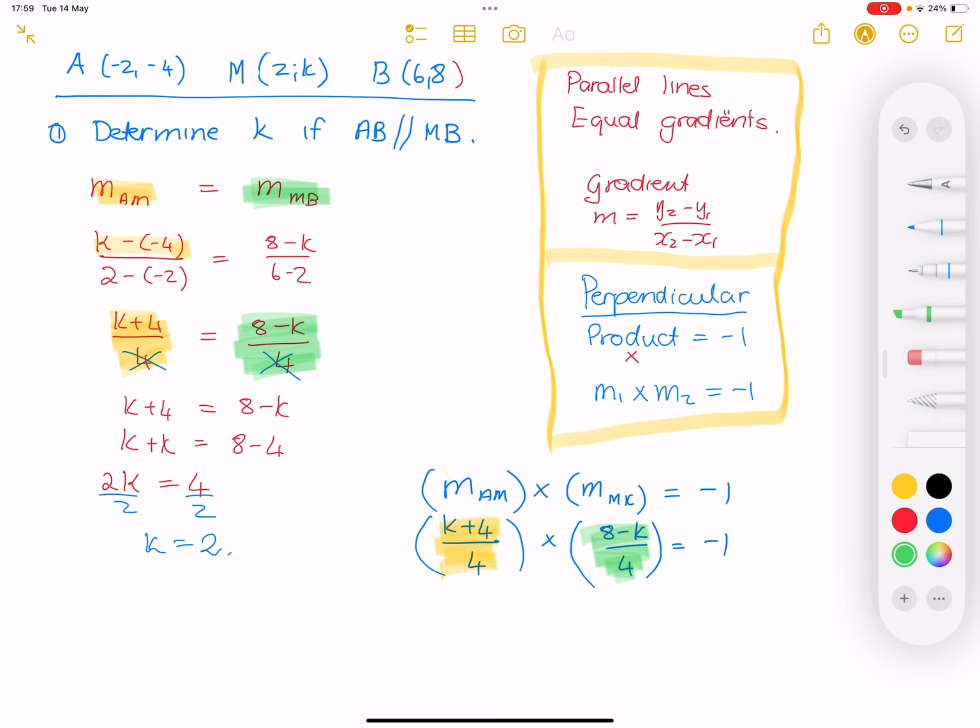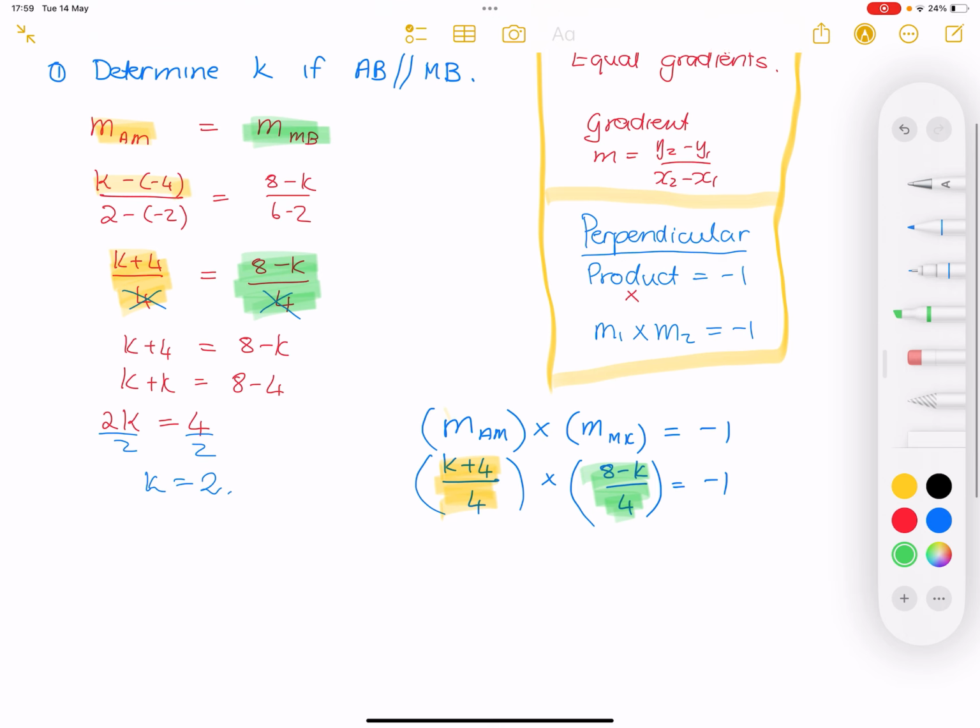Okay, so now I multiply them. It's like brackets multiplication. So k times 8 is 8k, and k times minus k is minus k squared.